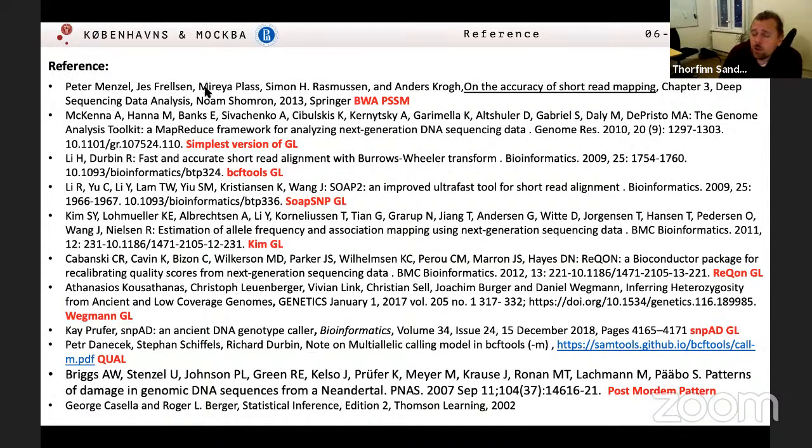Yes. This would be tremendously useful because it would improve the mapping accuracy. And I think this is one thing that the current genotype likelihood models do not really take into account properly. I would say that the state of the art within the current genotype likelihood models is relatively good.